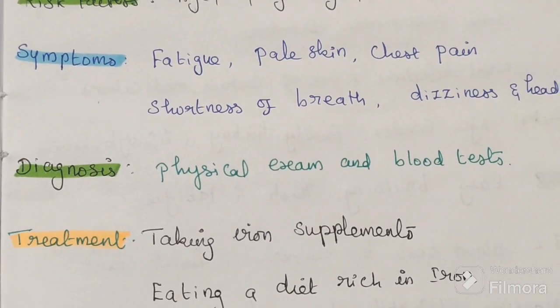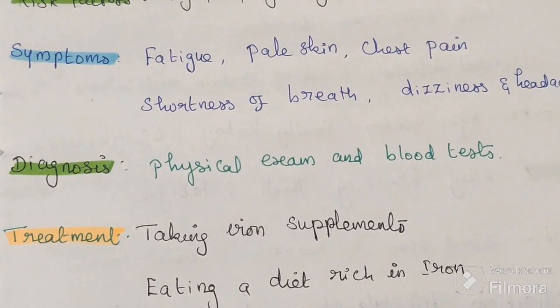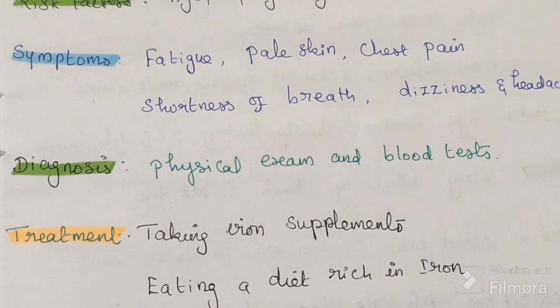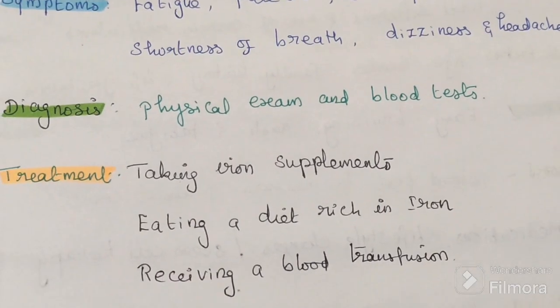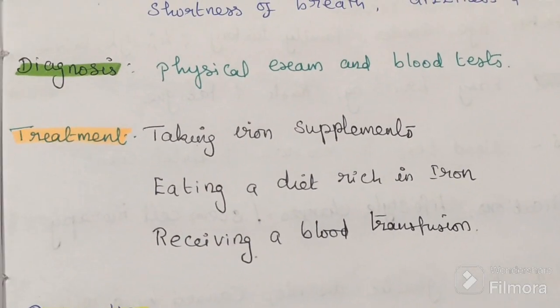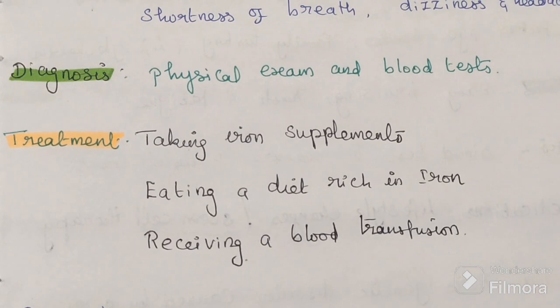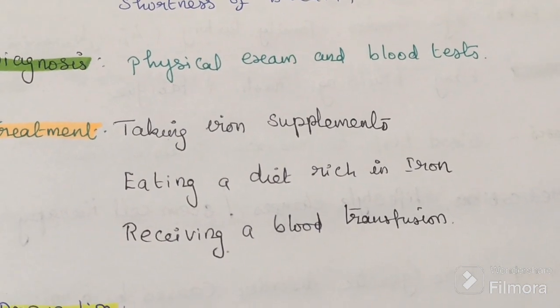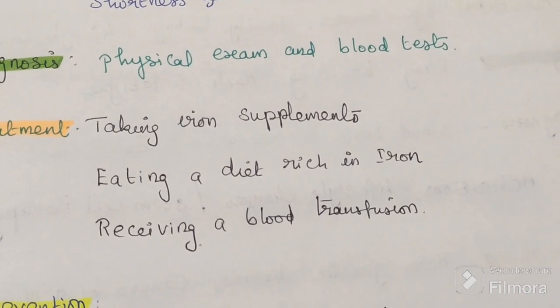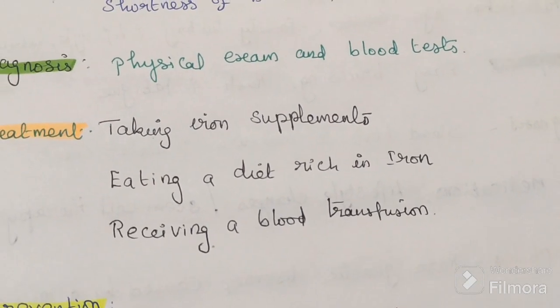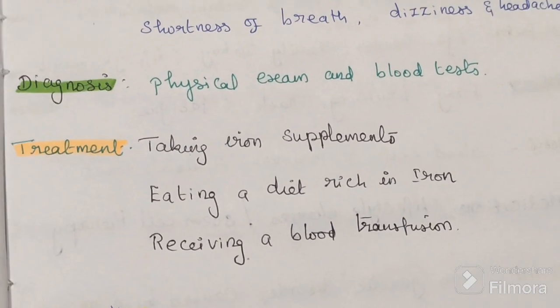Then diagnosis: we can diagnose this anemic condition using physical examination and blood test. Then treatment: taking iron supplements, eating a diet rich in iron, and receiving a blood transfusion.